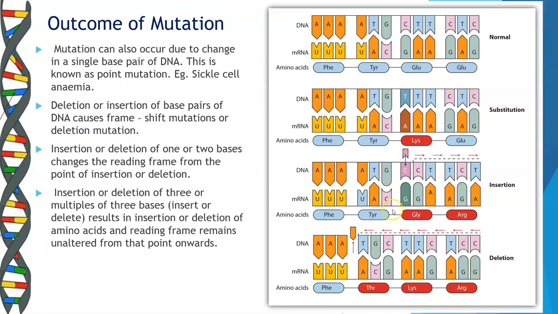You will also note that the reading frame, once it changes, remains altered not just at that point, but from that point onwards. No changes are possible once the mutation has occurred.